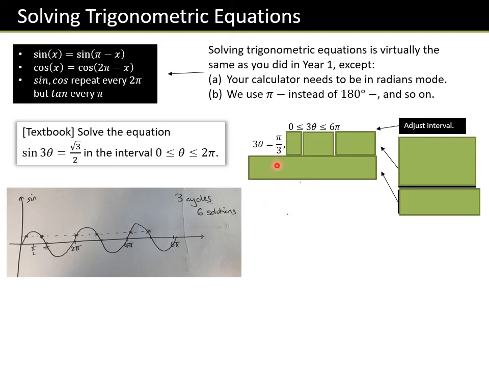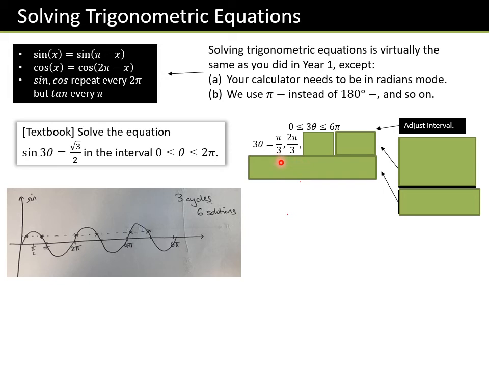So once I have found pi over 3, I can take that away from pi to get 2 pi over 3 as my second solution in the interval. My next solution pair is just adding 2 pi to each of those.